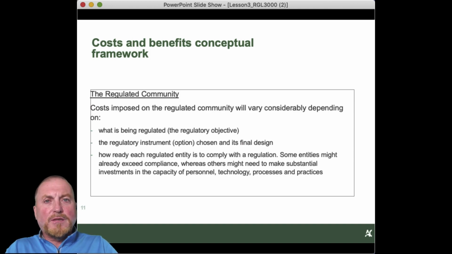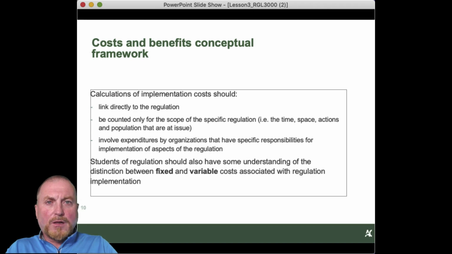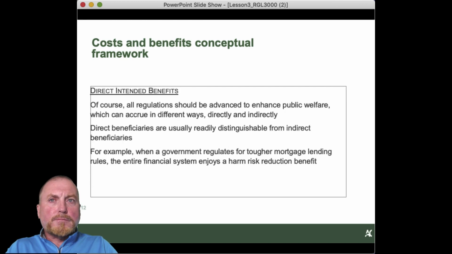And therefore, governments need to be sensitive to what stage the industry is at, how ready they are to comply, and how much it is going to cost to comply, depending upon the size and the strategic position of the company. And regulators need to take that into account because they may need to provide other types of support to the industry: accelerated capital cost allowances, technological support programs, and so on and so forth. Okay? So these are the types of factors that a regulator needs to take into account.